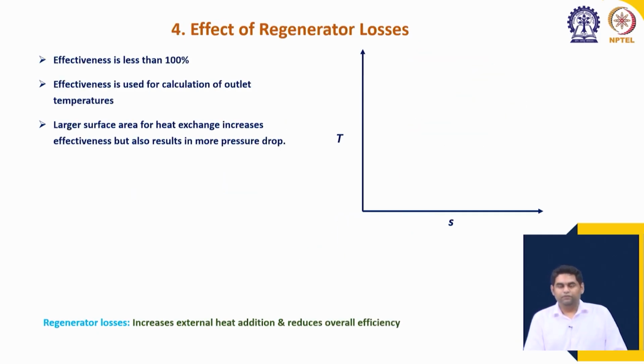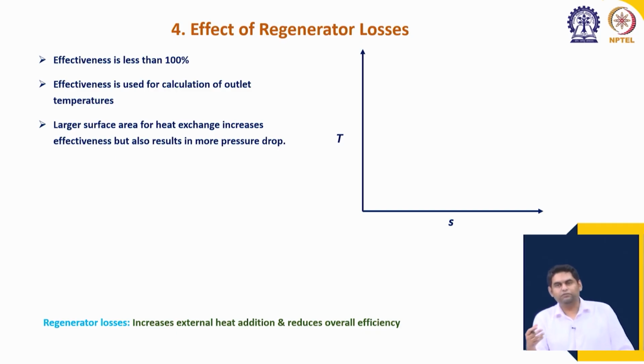So, next is the effect of regenerator loss. Of course, this is only present when there is a regenerator. You will see that in most cases jet engines have no regenerators, only large industrial gas turbines use regenerators. Regenerator losses mean that we are unable to use the entire energy which could theoretically have been taken from the exhaust gases for heating the air coming from the compressor.